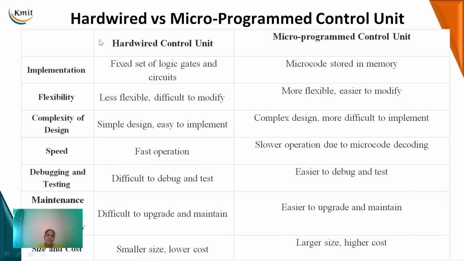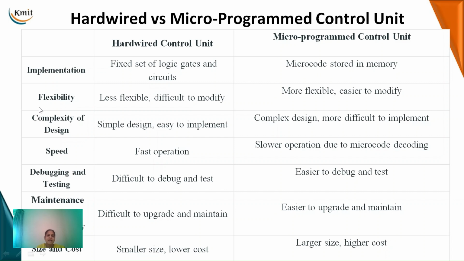So let's see the differences between the hardwired control unit and the microprogrammed control unit. In terms of implementation, the hardwired control unit consists of a fixed set of logic gates and circuits. In case of microprogram, you are writing a microcode or microprogram which is stored in the memory of the control unit.